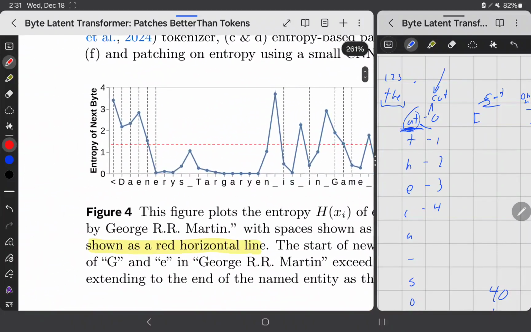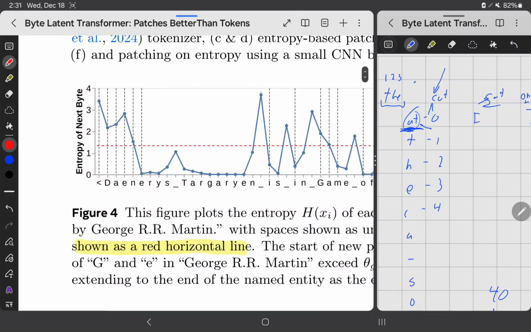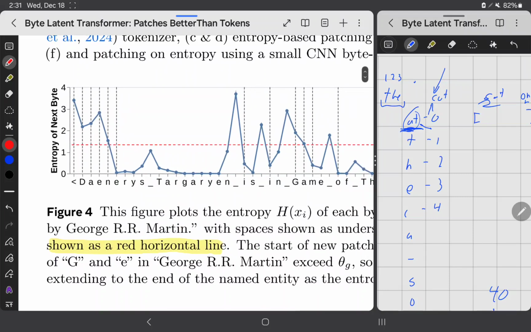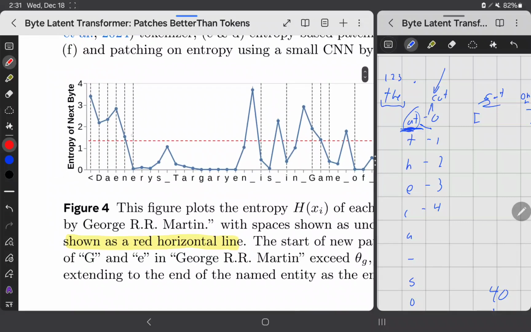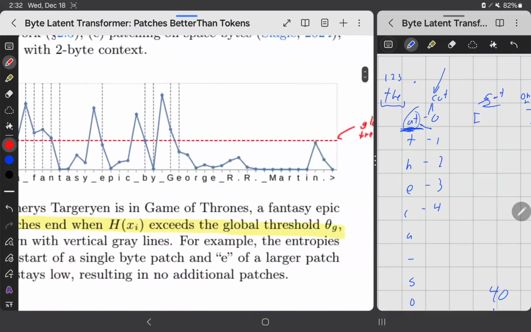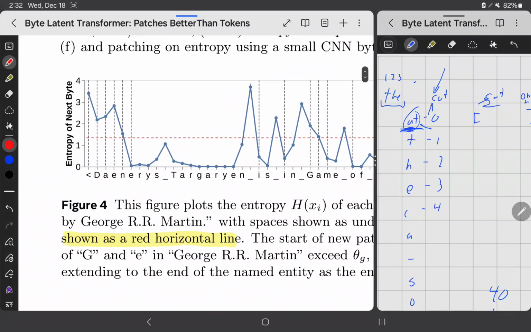So this is the entropy right here of the next byte. We can see that the entropy is very high for some of these bytes, while it's very low for others. This is very high entropy, this is very high entropy, and this is almost 0 entropy. So the entropy changes a lot.